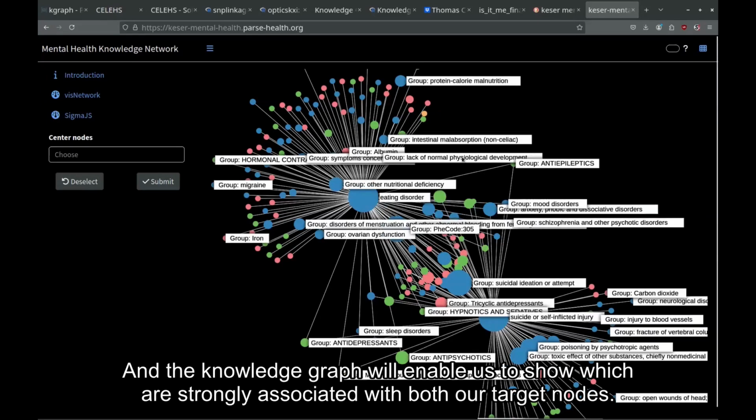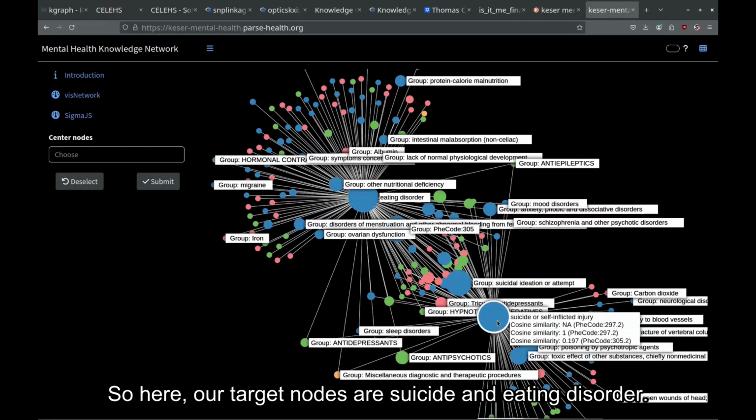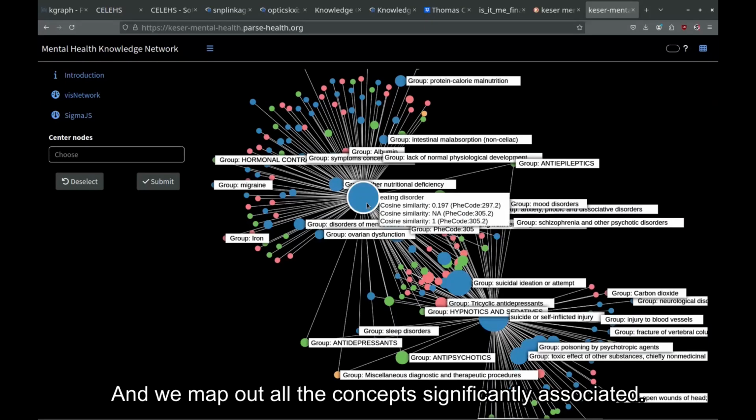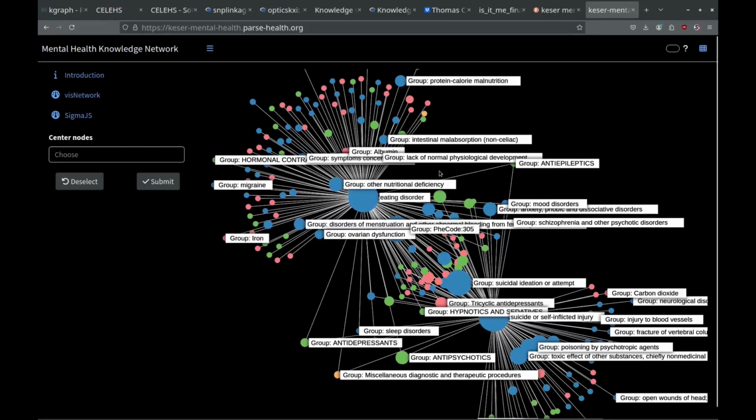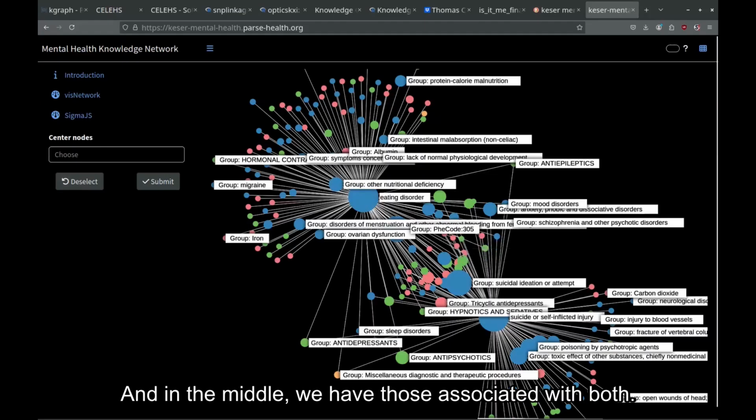And the knowledge graph will enable us to show which are strongly associated with both our target nodes. So here our target nodes are suicide and eating disorder, and we map out all the concepts significantly associated. And so on the upper side, we have those associated only with eating disorder. And in the middle, we have those associated with both.